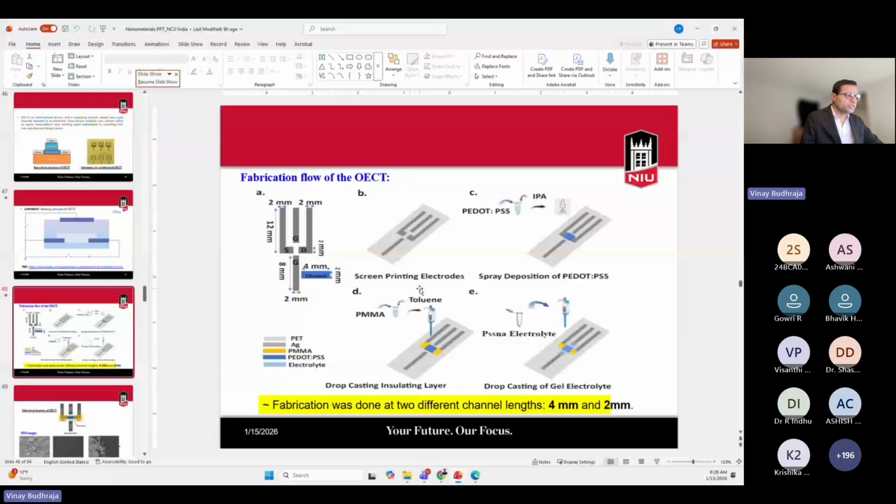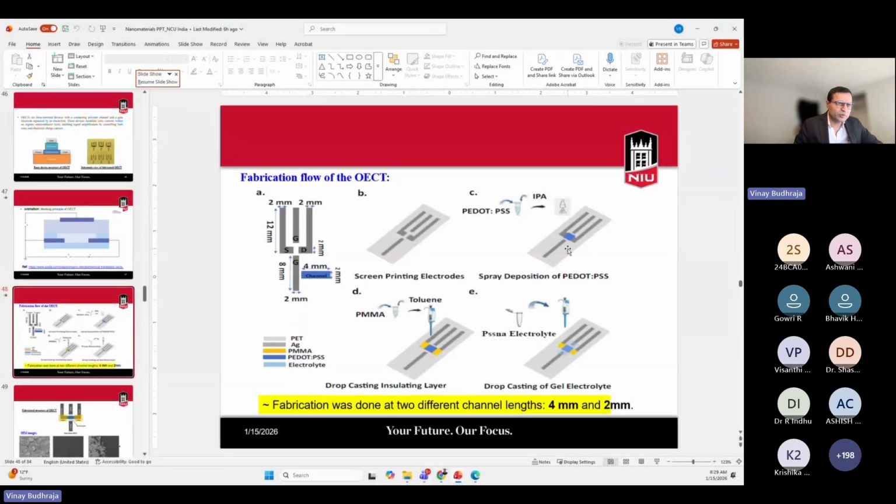For the fabrication flow of the OECT, we use the screen printing technique. And here we use AgCl to make the side gate OECT. In the first figure, you can see the source, drain, and the gate region. We do it from screen printing. On top of it, we do the PEDOT:PSS, again using screen printing.